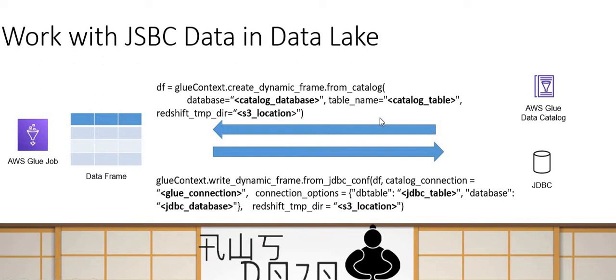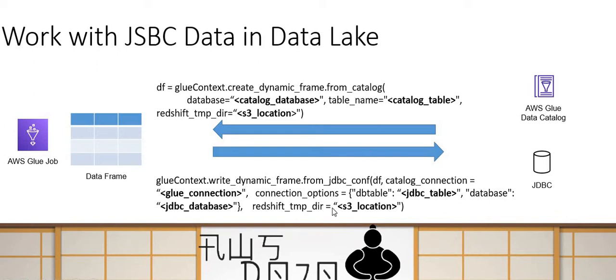I'm providing my sync location, then my catalog table name and catalog database name. I really don't need to know my JDBC endpoint, my login name, password, or table. All I need is the name with which these tables in this JDBC endpoint are configured in my Glue catalog. I just need that table name and database name, and I can read data.